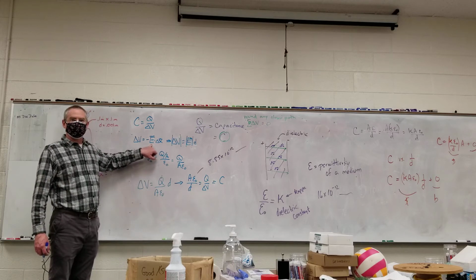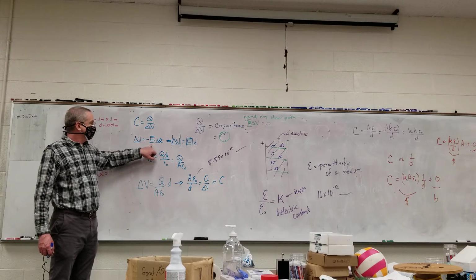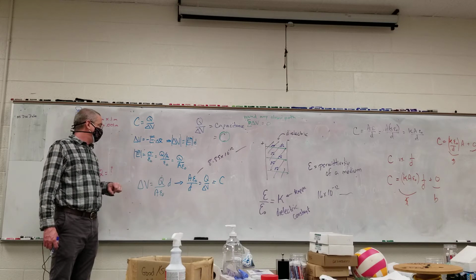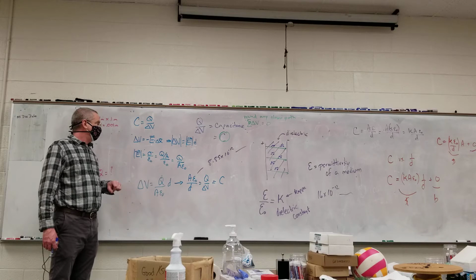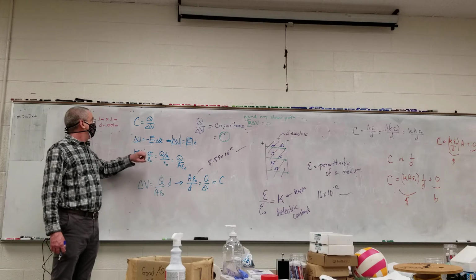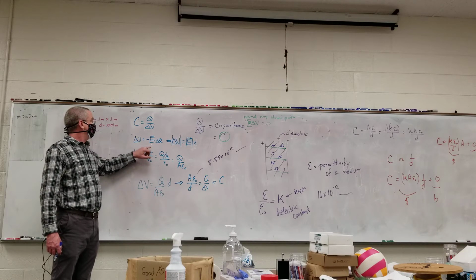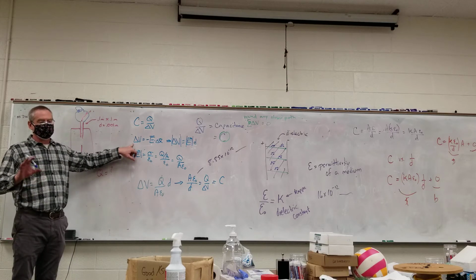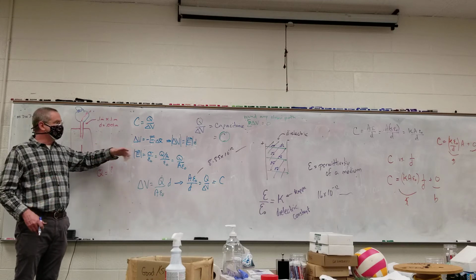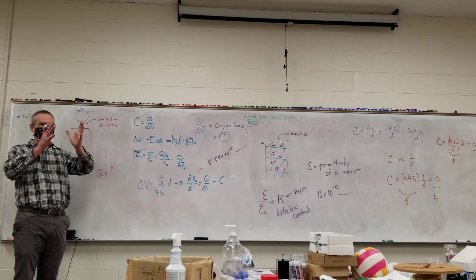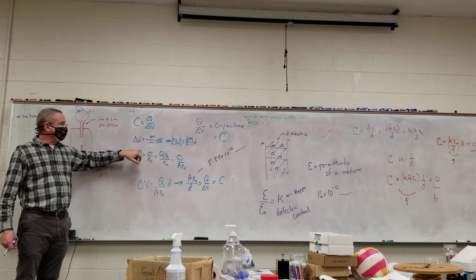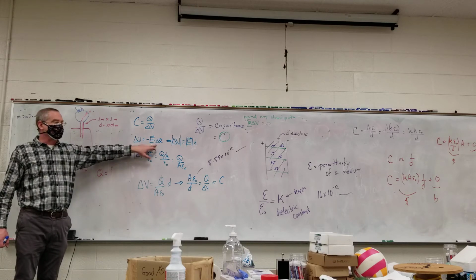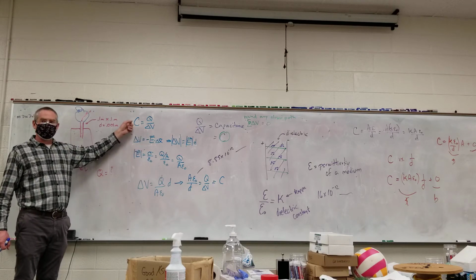So this E is going to get smaller, which will make the voltage smaller. Well, depends on other things, but for right now, we'll just pretend that it's a capacitor just sitting there. So as E gets smaller, my voltage will get smaller, assuming the distance stays the same. As the voltage gets smaller, my capacitance increases.